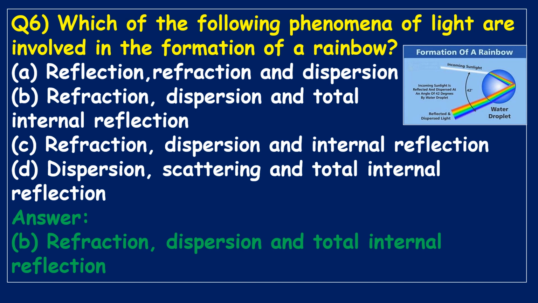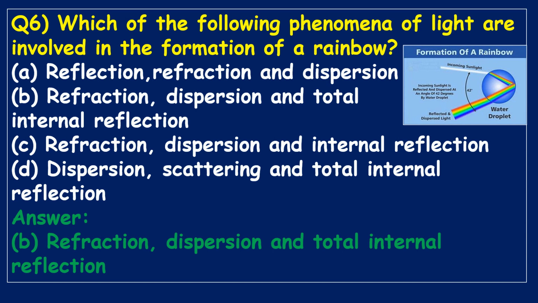How? See children, here incoming sunlight, white light, when it touches the water droplet, immediately it refracts. Then white light splits into 7 colors. That is called dispersion. After dispersion, those 7 colors reflect internally.